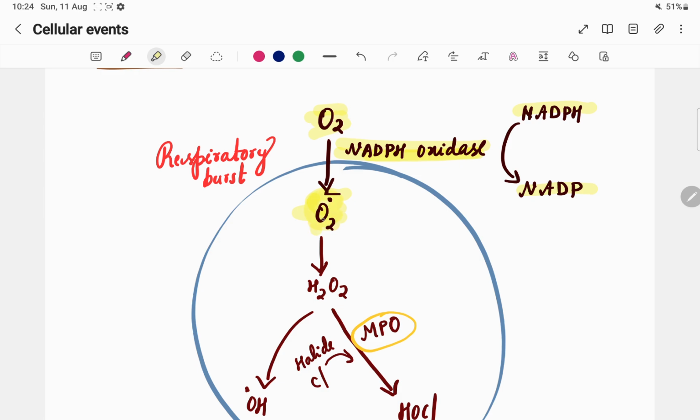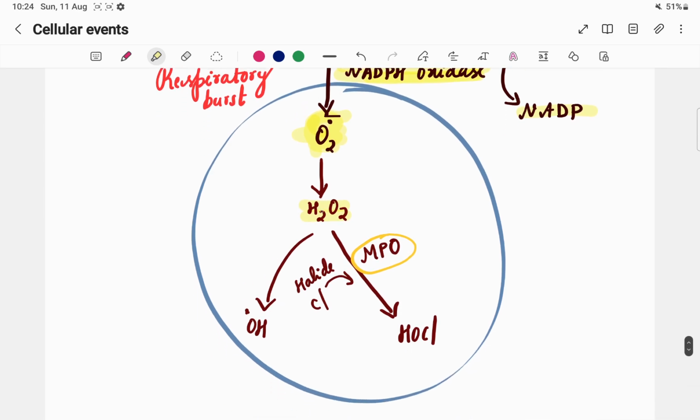This superoxide ion, by spontaneous dismutation, is converted into hydrogen peroxide, which is highly reactive. Now we have 2 options. Hydrogen peroxide, with myeloperoxidase (MPO) in the presence of a halide, for example chlorine, undergoes halogenation and hypochlorous acid can be formed.